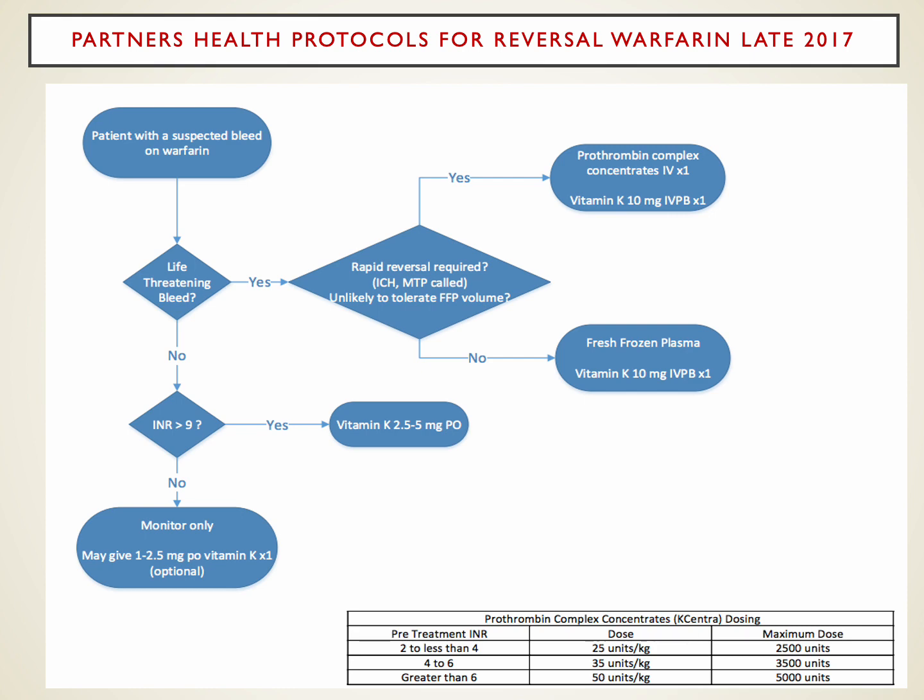Don't focus on the details of this, but just recognize that this was the case. If it wasn't life-threatening, but their INR was over 9, then they recommend a low dose of vitamin K. And if it's not greater than 9 and they're not bleeding, just stop the drug, stop the warfarin, and maybe give a very low dose of oral vitamin K, if at all.